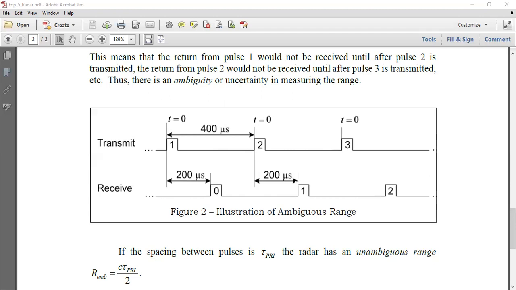So in this case, the period between the pulses should be adjusted. It should be longer than 600 microseconds.